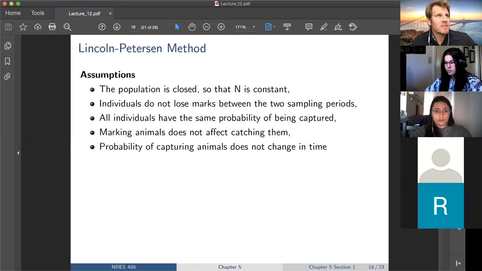So some individuals have behaviors that make them more likely to be trapped. Some individuals have phenotypes that make them less likely or more likely to be trapped, and so on. There's just a lot of individual variation in behavior and capture probability that can make these an issue.